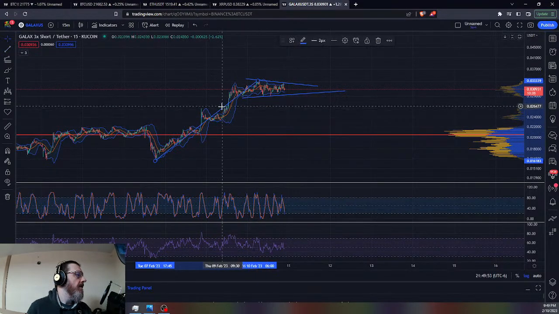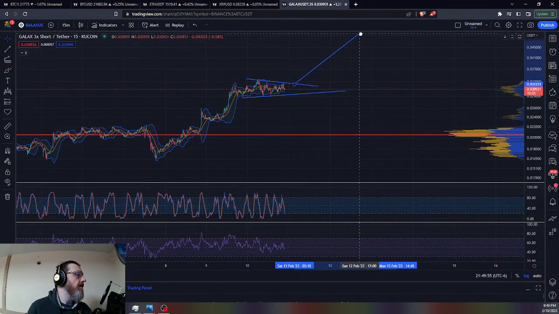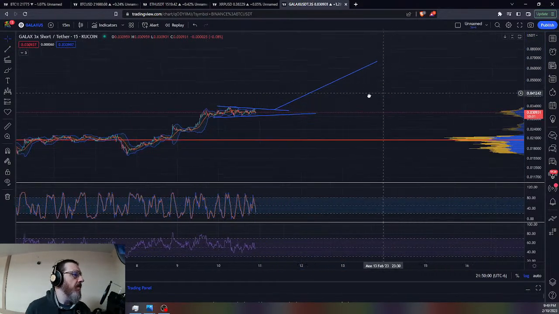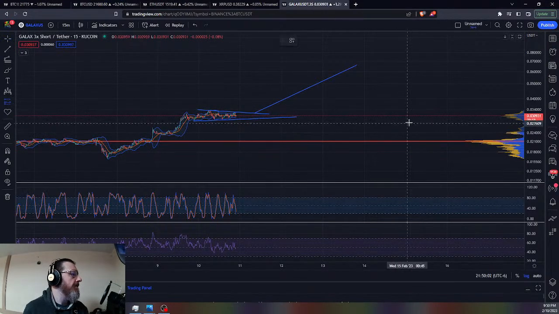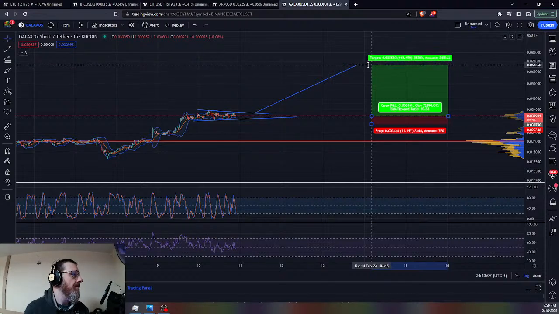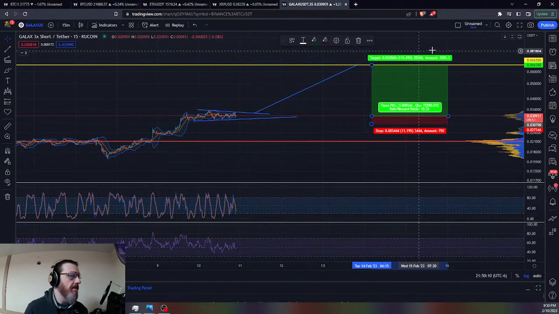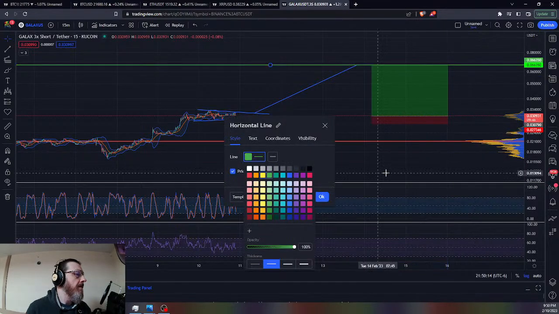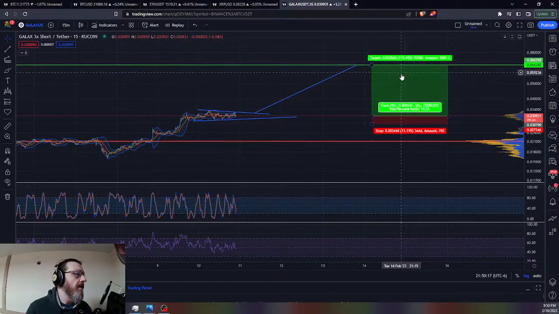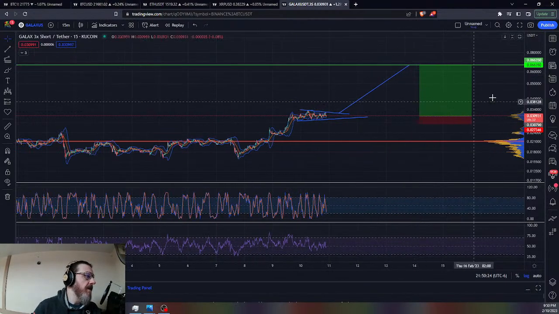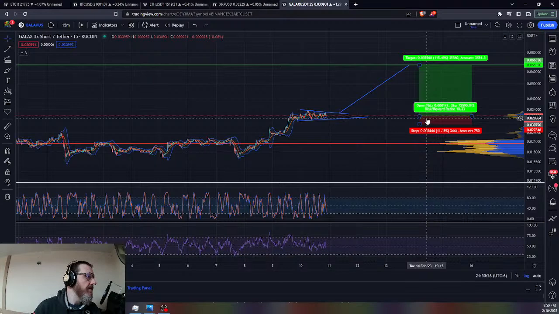So if we get another move to the short side and you play this leveraged ETF, we're looking at 115% potential gains if we do get another swing down out of Gala.